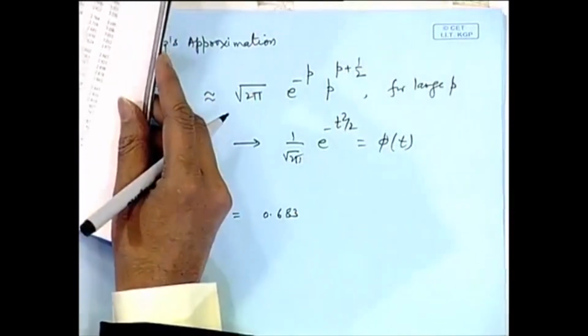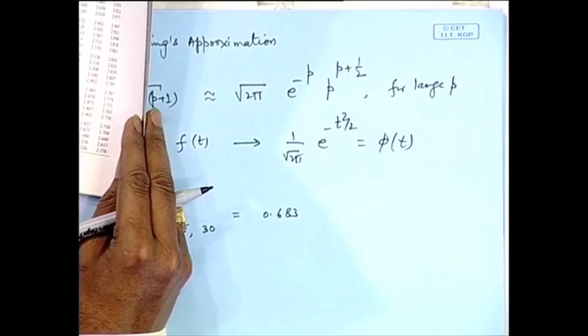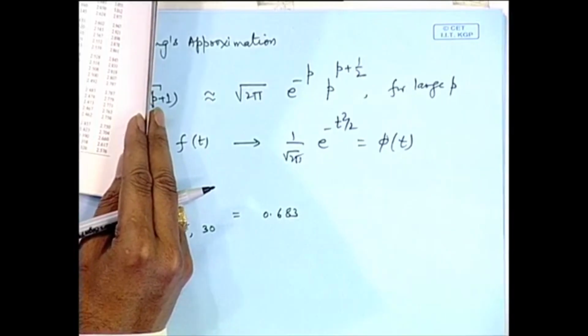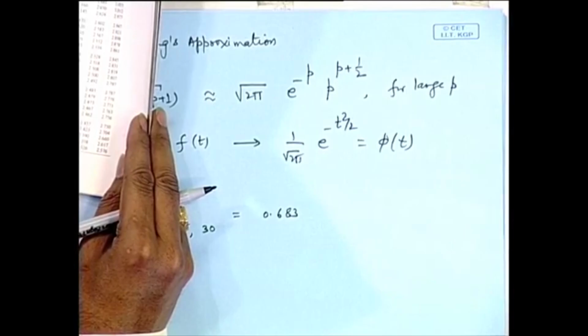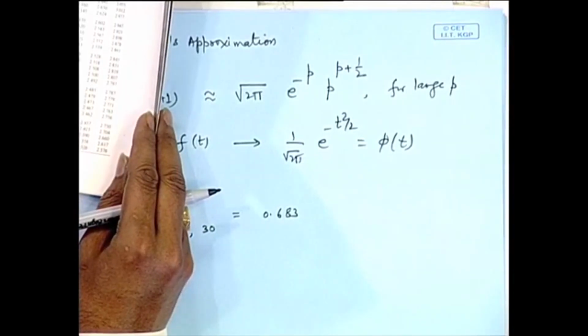If I look at the same value for the normal distribution, the point where the probability is 0.25 above the given point is 0.67.